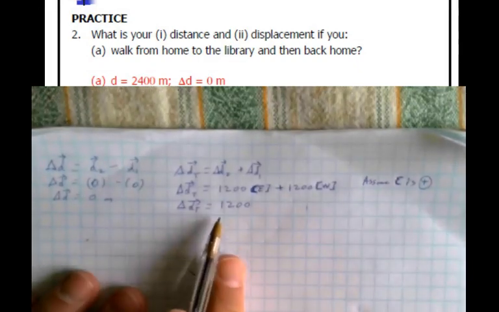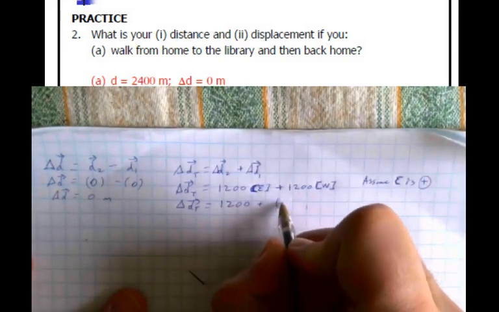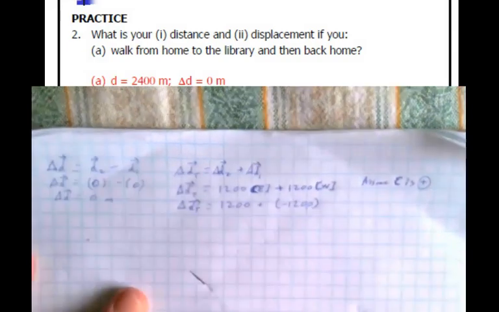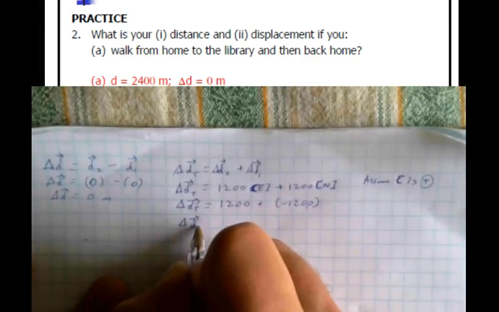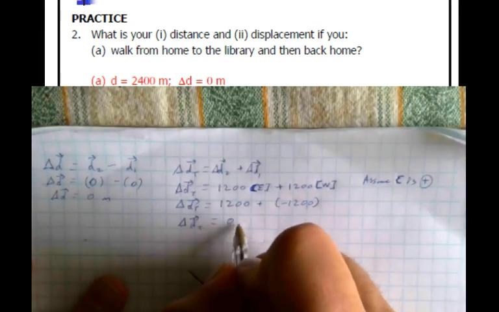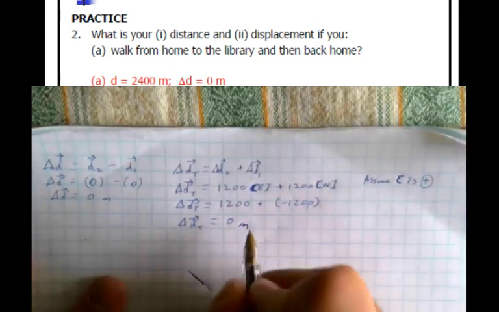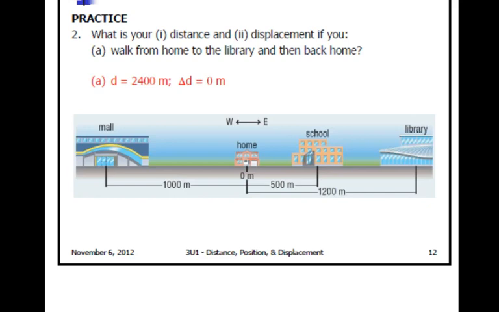If east is positive, I write the 1,200 as a positive number. The west becomes negative 1,200. And when I add 1,200 plus a negative 1,200, I get 0 meters. So those are two ways of finding the displacement for that question. It's worth understanding both of them, because you'll be using those methods throughout the course.